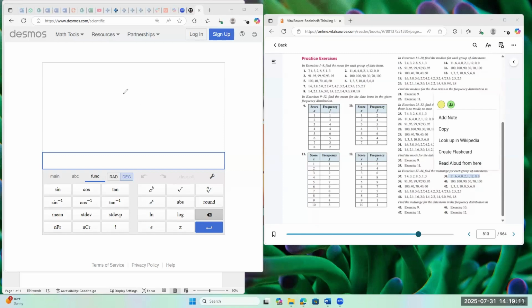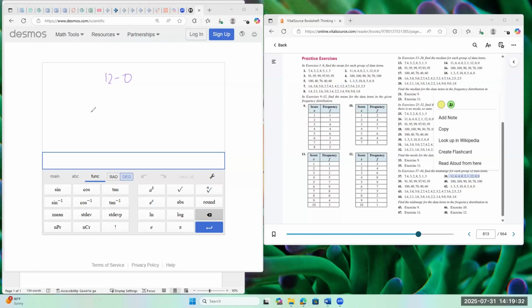So the smallest value is 0, and of these values the largest is 12. So the mid-range is just going to be 12 minus 0. That seems like a pretty good range of data, doesn't it?